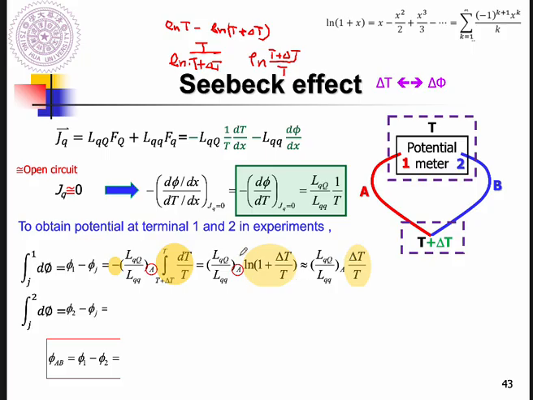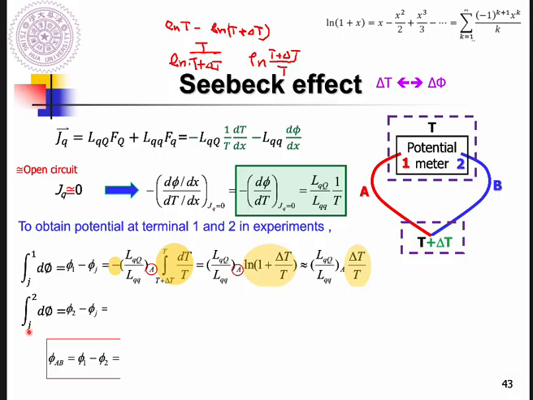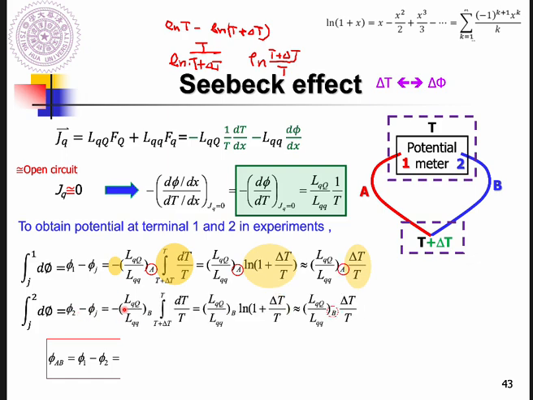So you copy this term here and put x here. And the second term, the integral from junction T plus delta T to T, is the same, right? Just substitute. The only difference is that the inside is alone B material. The rest of the part is the same. The difference is just at the bottom, so it's B material.